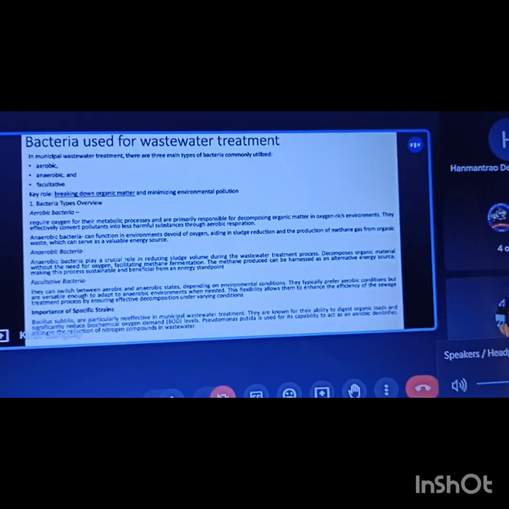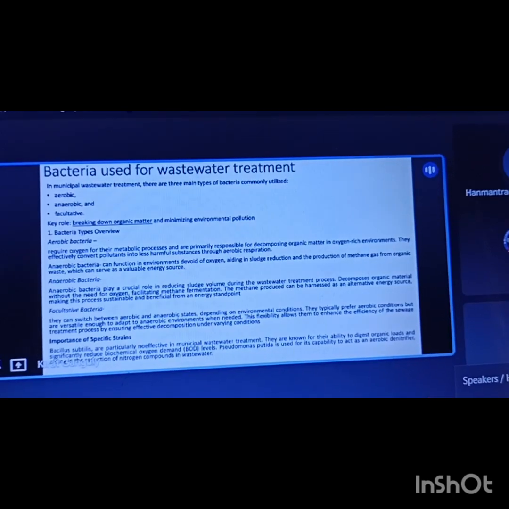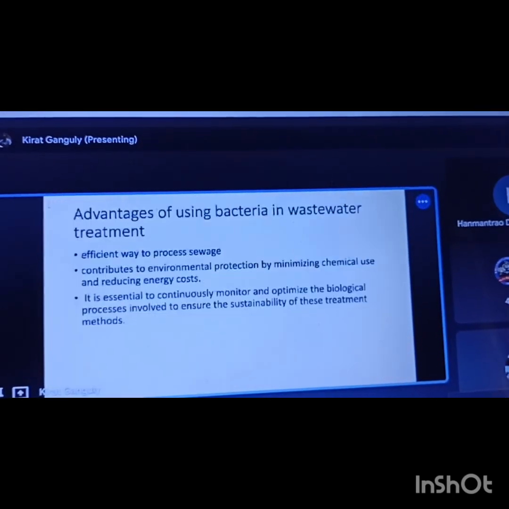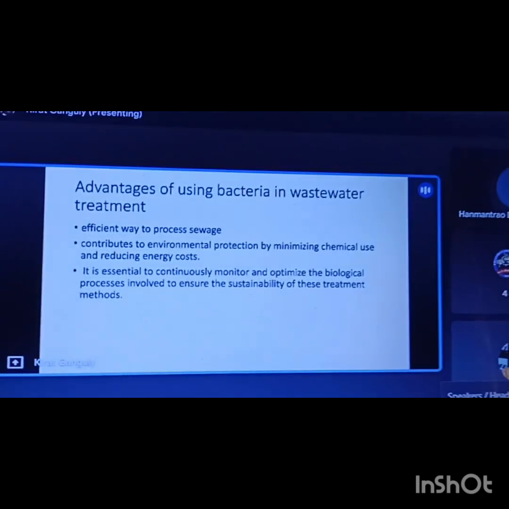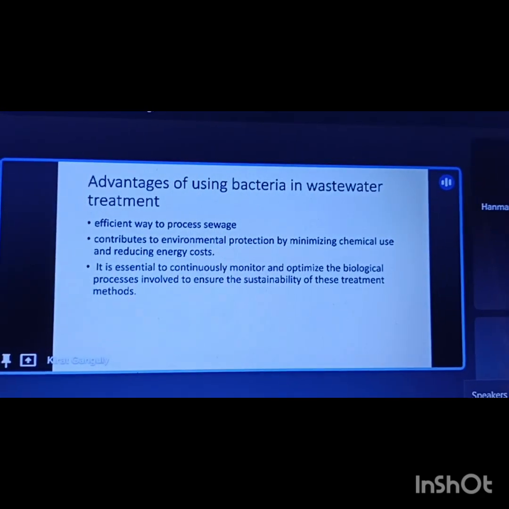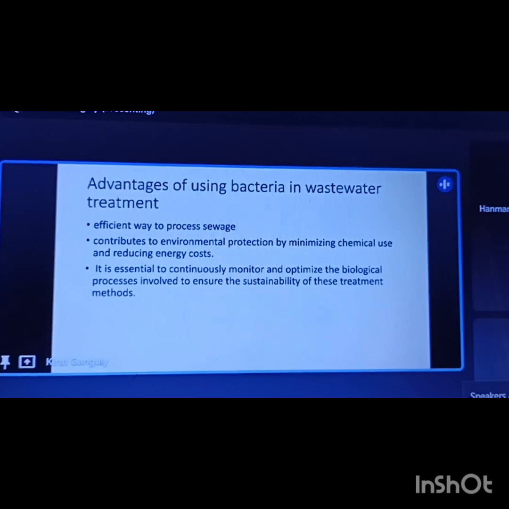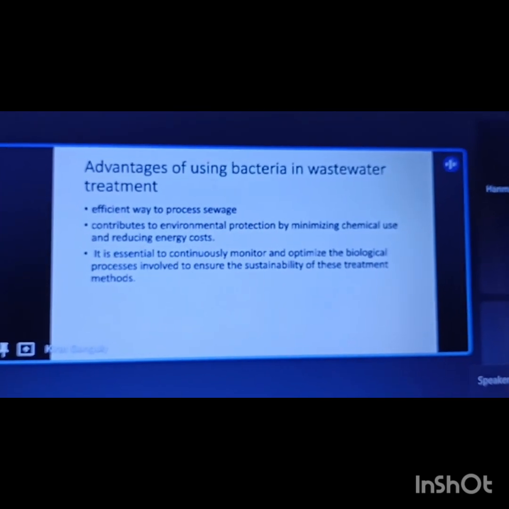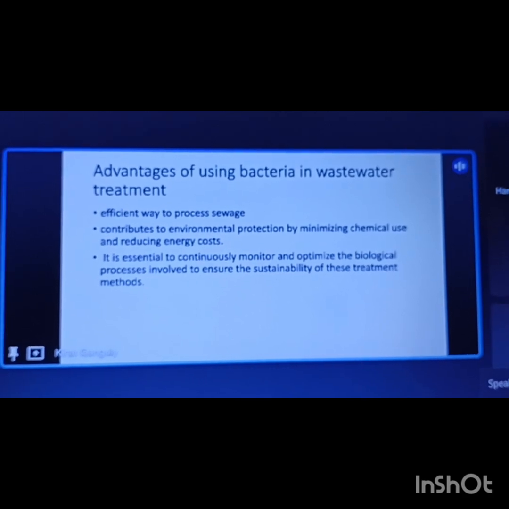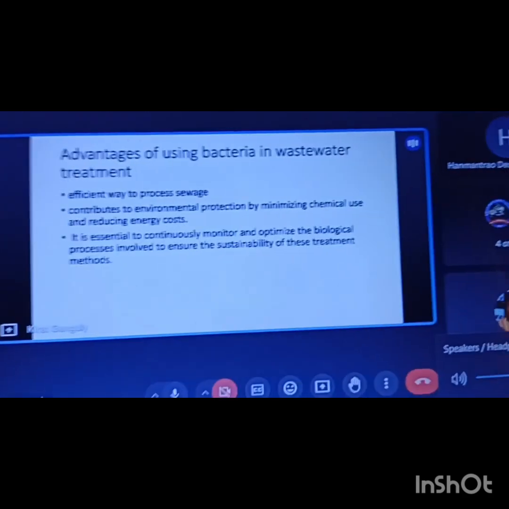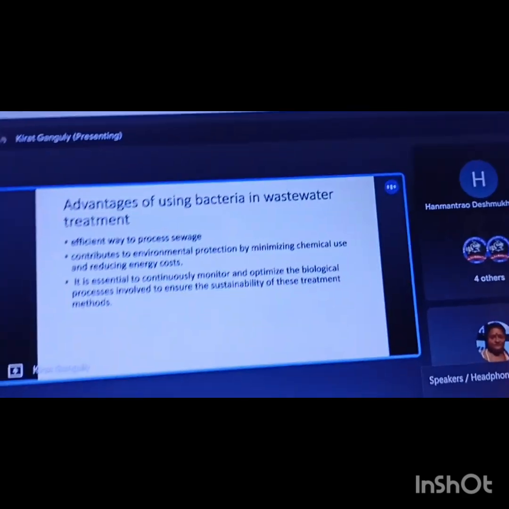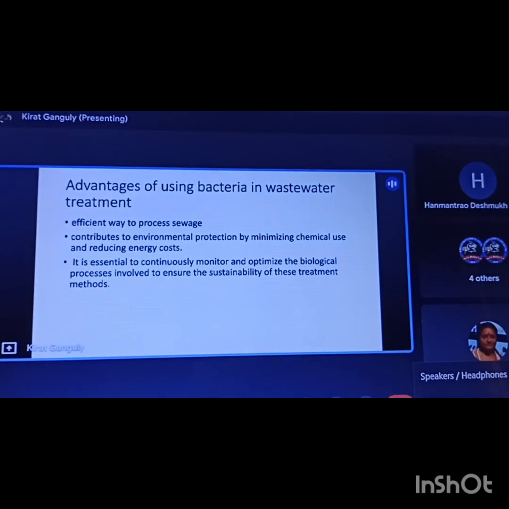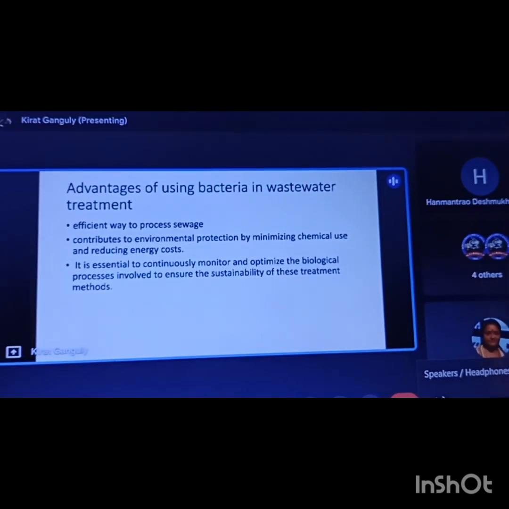Now the facultative bacteria and anaerobic bacteria may play a good role in this type of organic degradation. The advantage is the efficiency of the sewage procedure. If I say in the lab scale, after seeing the lab scale of the technology, we can apply the bacteria anywhere within the procedure, and it contributes to environmental protection, minimizing the chemical use and reducing energy cost.